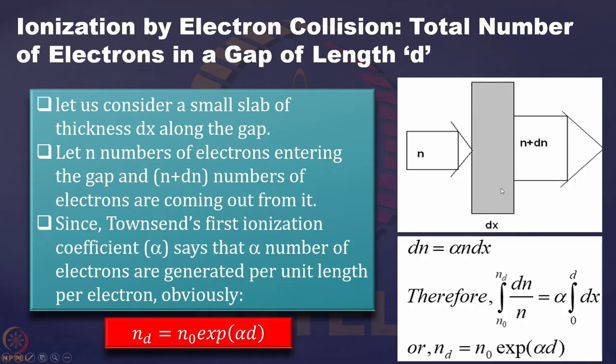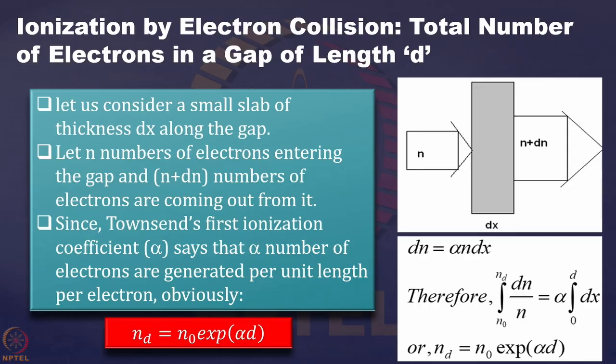This is the elementary length in that medium, and after the electrons cross the medium, we get the number of electrons n plus dn. So this dn is the extra number of electrons that you have produced because of ionization in this elementary length of dx.